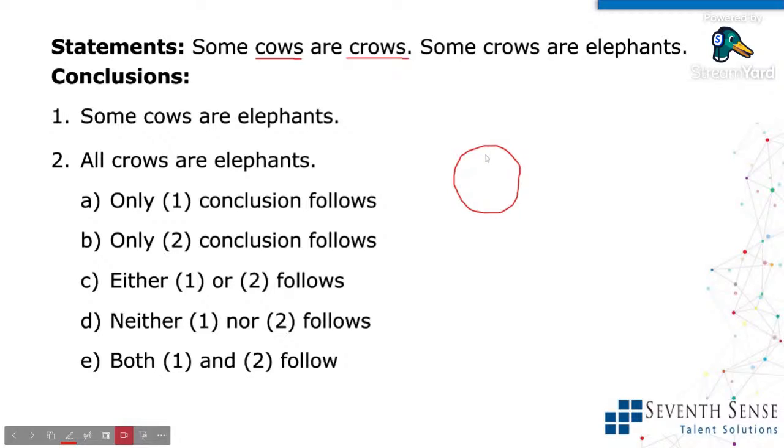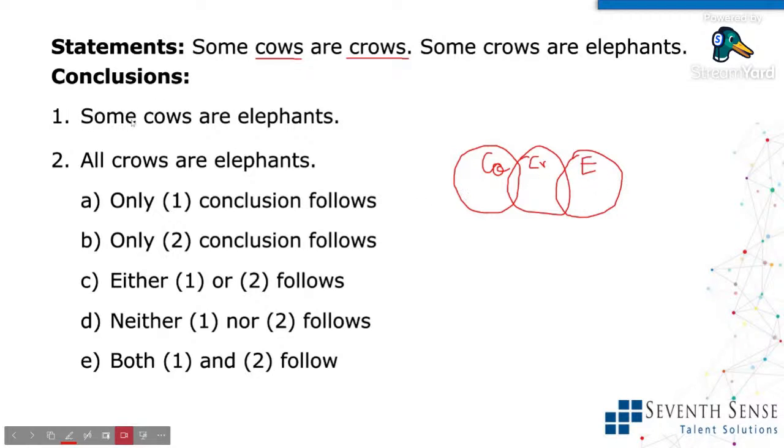For example, on the whiteboard, some cows, I'm going to write CO for this, are crows. Let me take an intersection, C and R. Some crows are elephants. I have to take one more over here, let me write it as E.